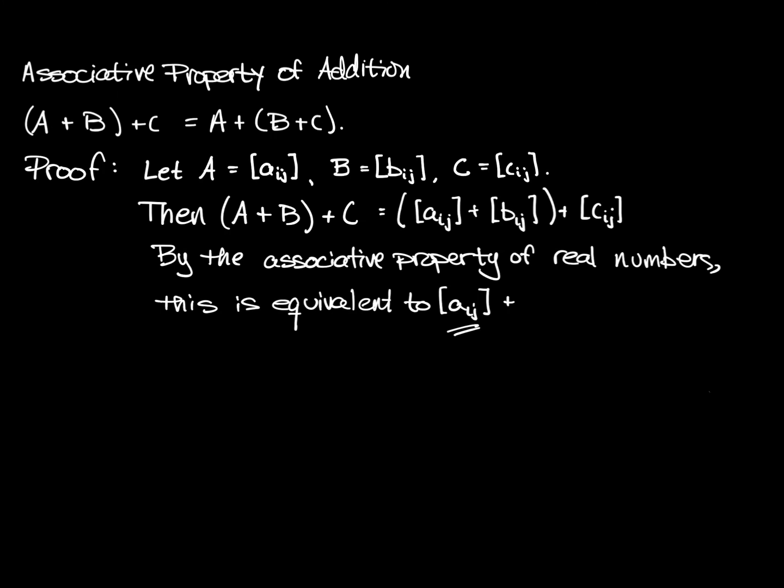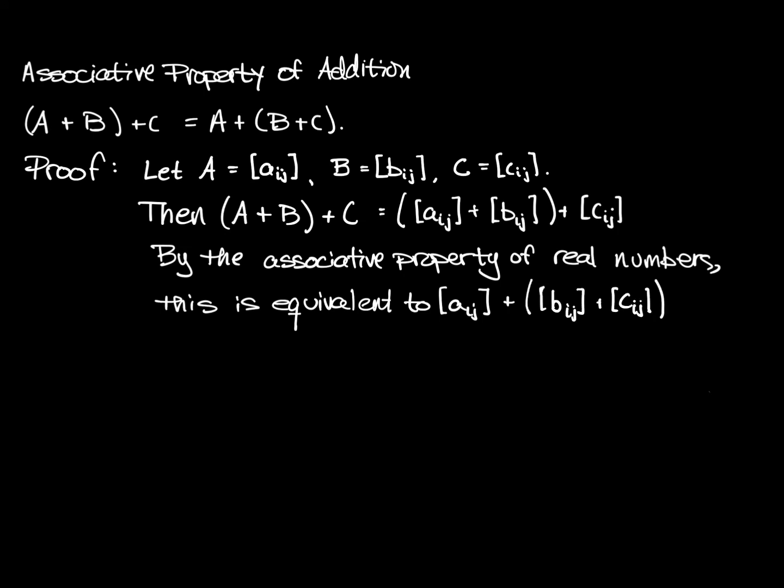Little a_ij is a real number, and the brackets around this real number representative represent the matrix, but the a_ij is telling us we're looking at the entries in the matrix. So a_ij plus, because these are real numbers now, I could add b_ij and c_ij together first.